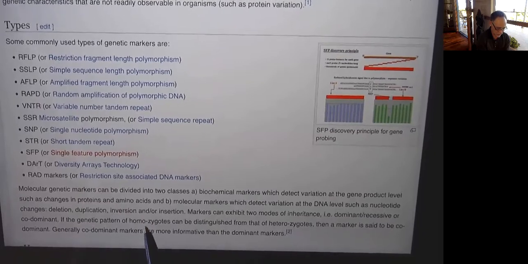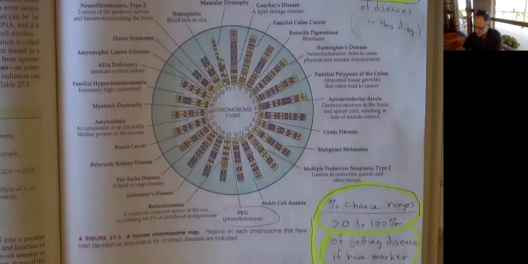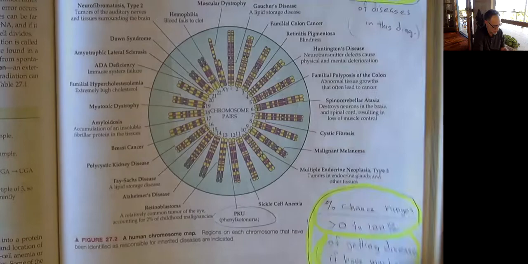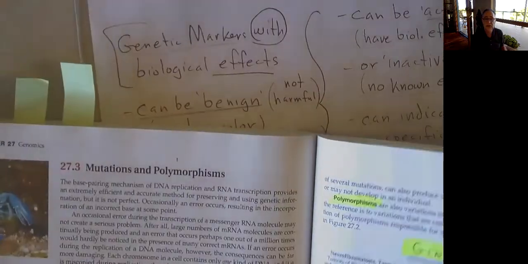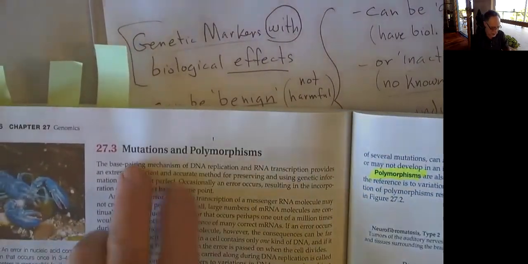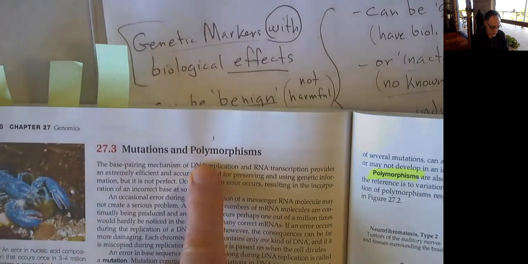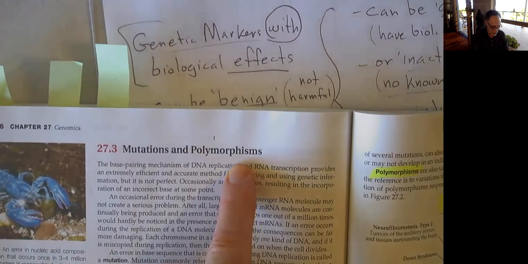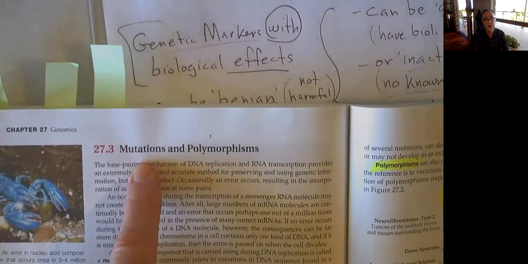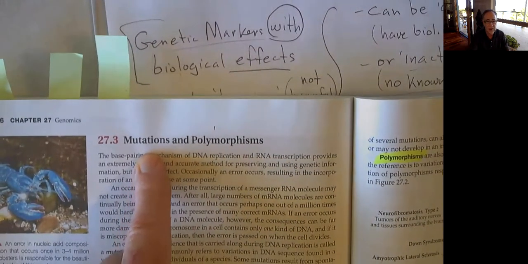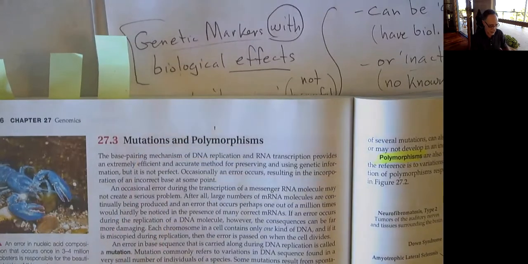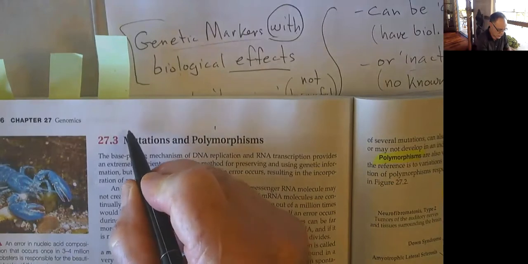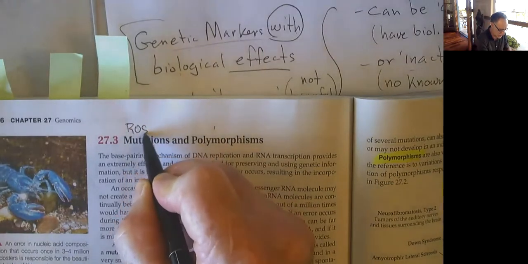So I did want to take a little peek in our book, in our chapter on genomics here, and notice there's mutations and polymorphisms. So poly, more than one form, so that can occur from genetics, from inheritance, but also mutations can and do occur all the time. When we talked about the electron transport system, we talked about free radicals or reactive oxygen species.